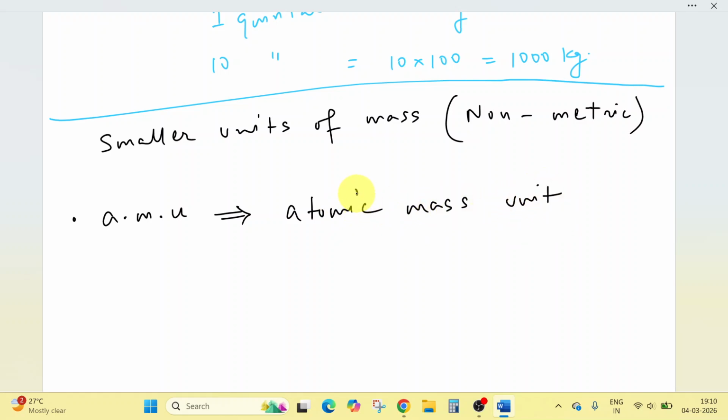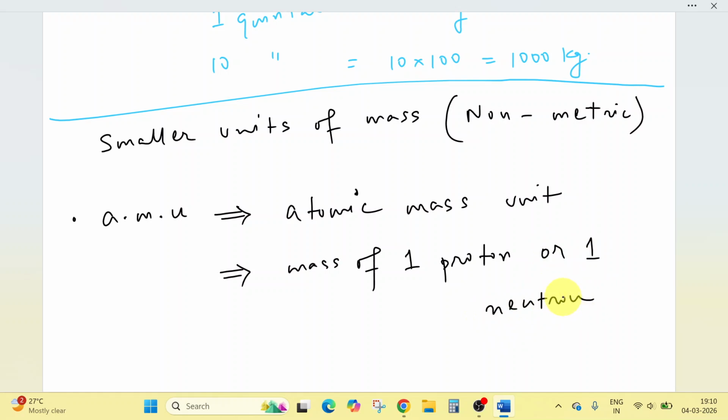Do you know what is atomic mass unit? It is the mass of one proton or one neutron.